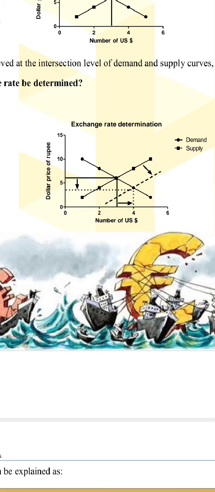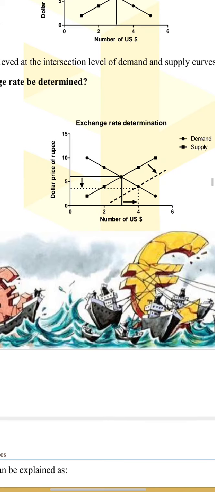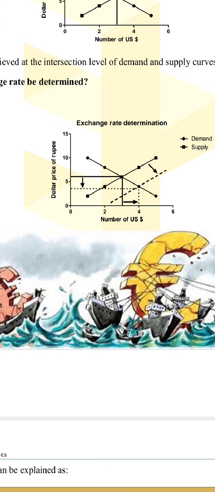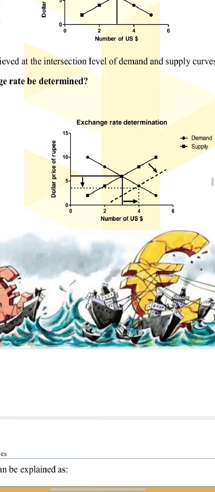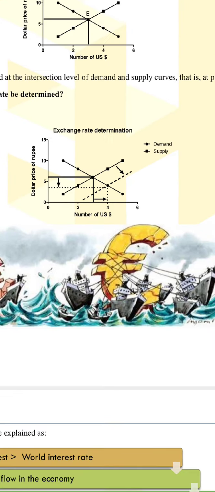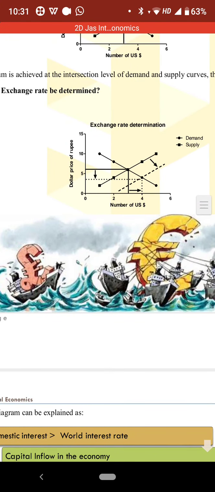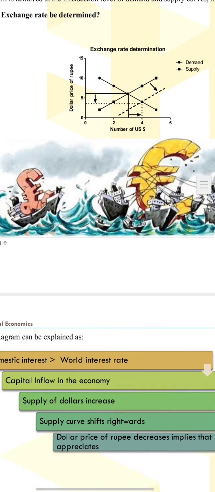When the price of dollar is 5, the demand is high, or the equilibrium point is at a higher level, and when the price decreases from 5 to 4, the demand for dollars increases, as the number of US dollars increases from 3 to 4. This is the exchange rate determination. When price falls, the number of US dollars demanded will increase.